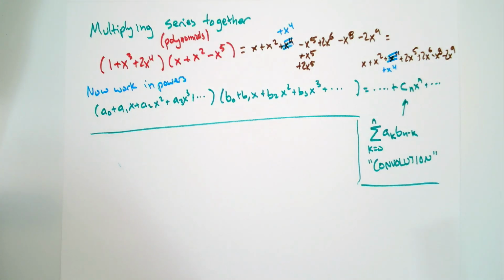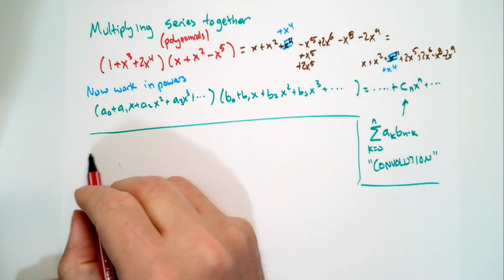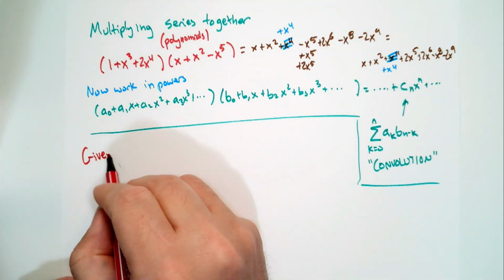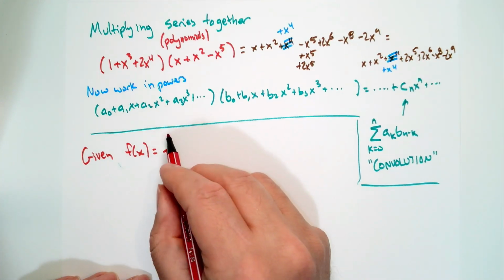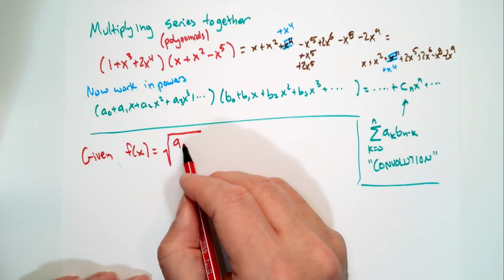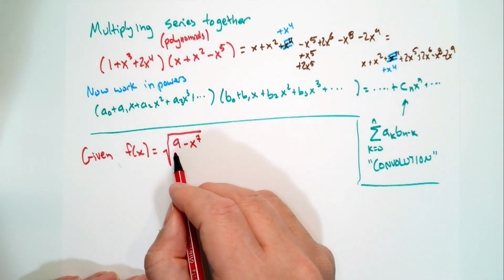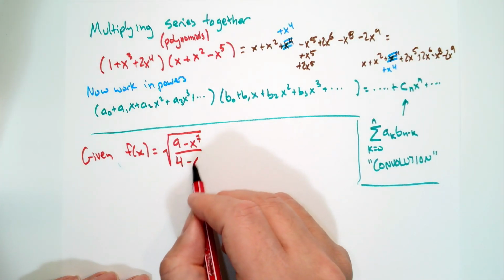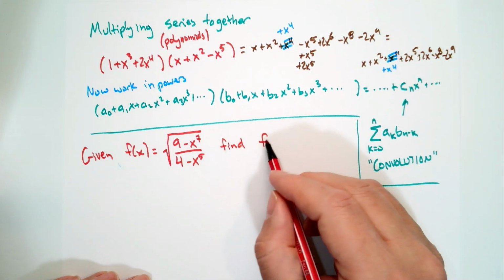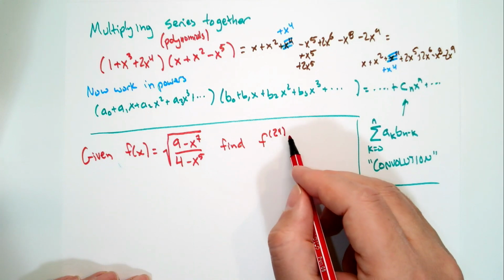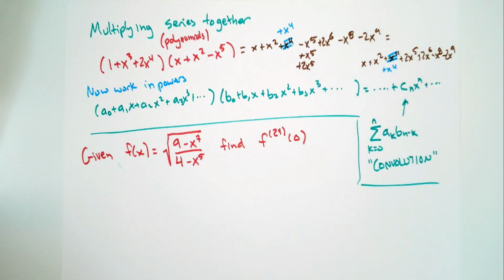Let's suppose we were asked to do something like the following. Suppose, given that f of x is equal to the square root of 9 minus x to the 7th divided by 4 minus x to the 5th, find the 24th derivative evaluated at 0.